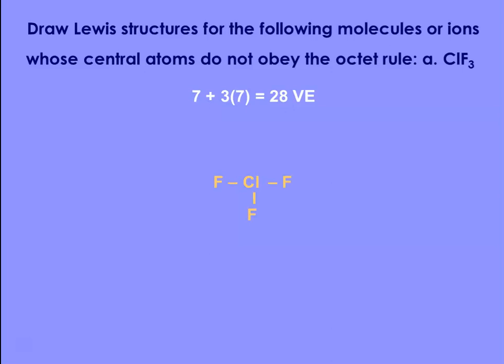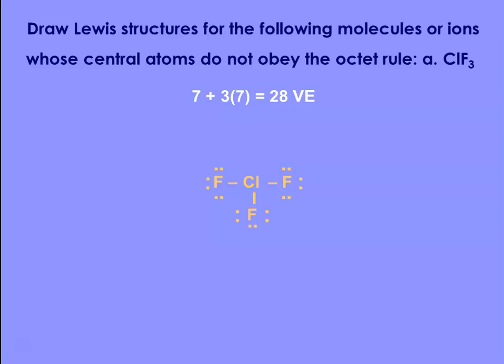The fluorines are going to go around chlorine, which is less electronegative than it. I've used up 6 of my 28 electrons to connect the fluorines to chlorine. I'm going to use up another 18 to make sure that the fluorines all have full valence shells. At this point, I have used up, sorry, I'm doing my math, 24 of my 28 electrons.